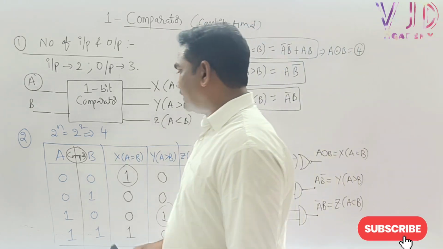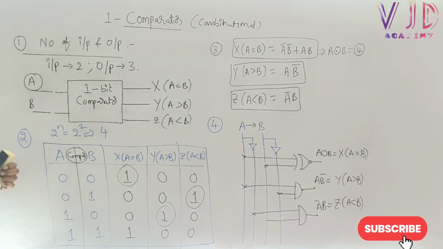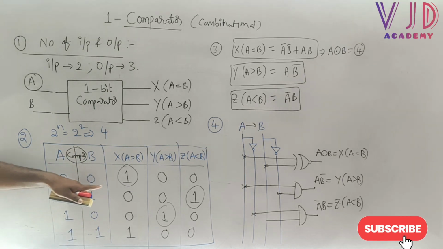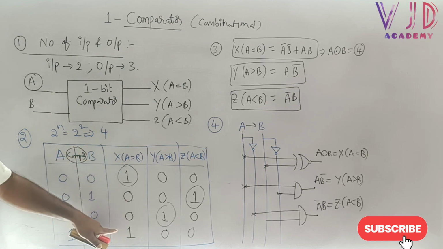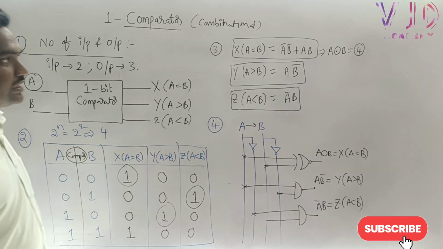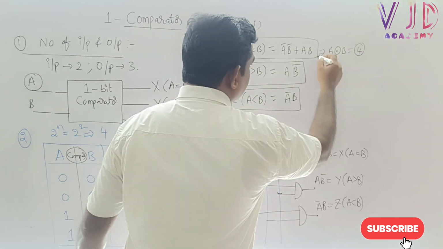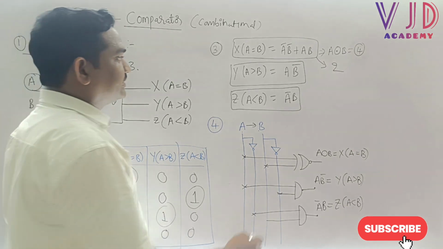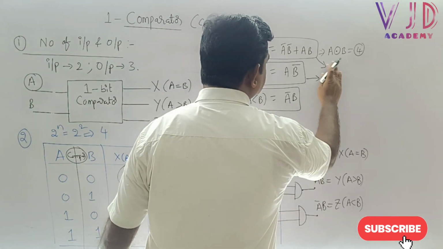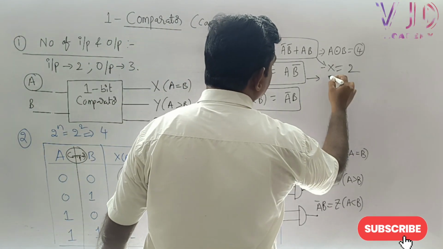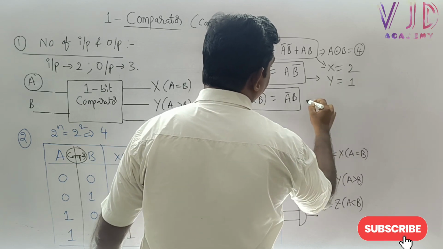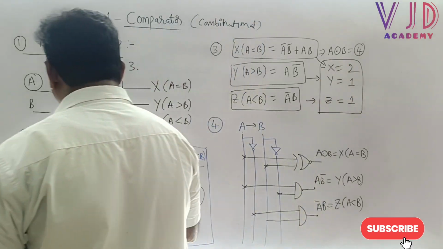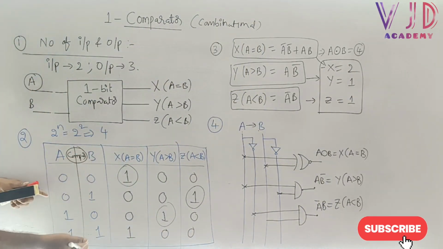Sir, by looking at this truth table, we have only 4 combinations, so based upon these 4 combinations, the X outputs are 2. We can say equal conditions are 2. And the A greater than condition is 1. And we can say X equal to 2 outputs, Y equal to 1 output, and Z equal to 1 output.